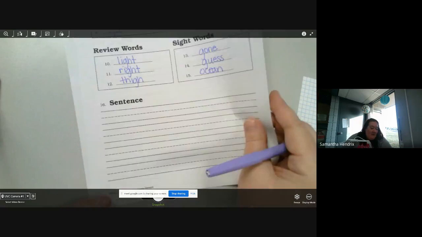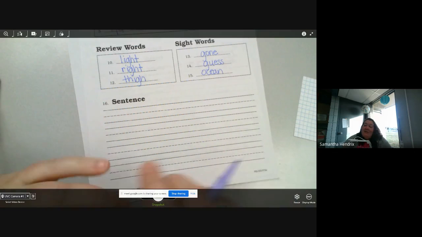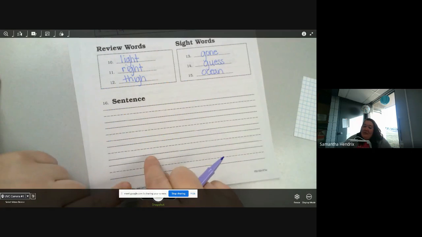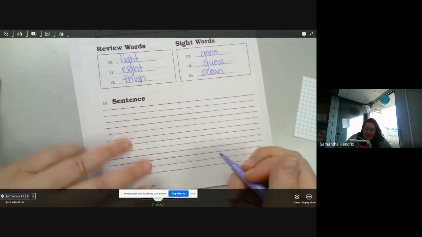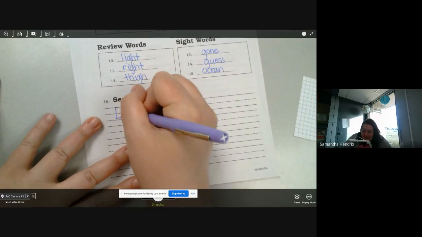Remember, you can pause. Our sentence for the day is: Light the green candle that is on the right side. Light the green candle that is on the right side. So the reason we're doing these sentences is because you should be able to spell every word in this sentence. Okay? Light. That was our trigraph we learned yesterday.